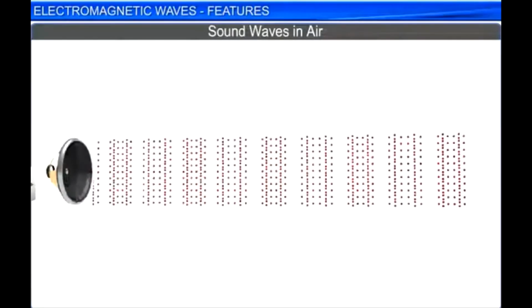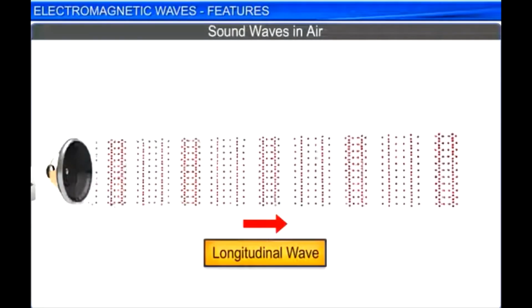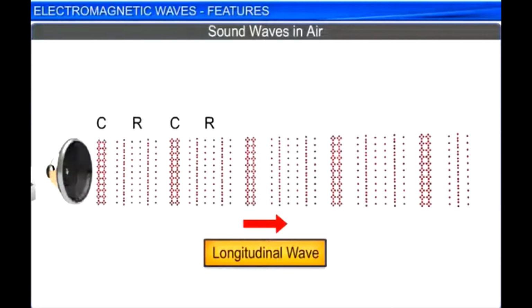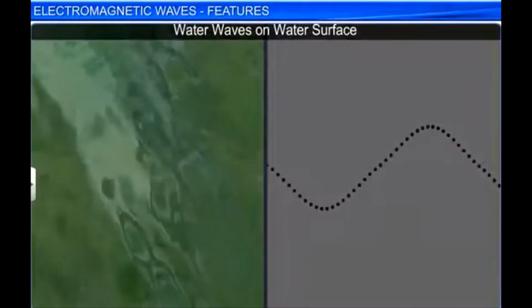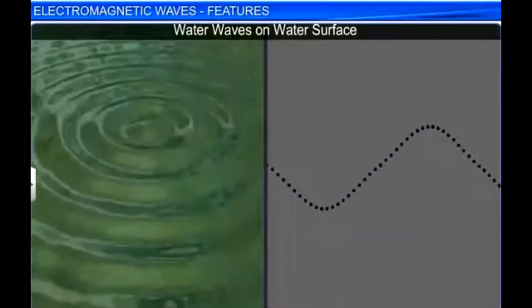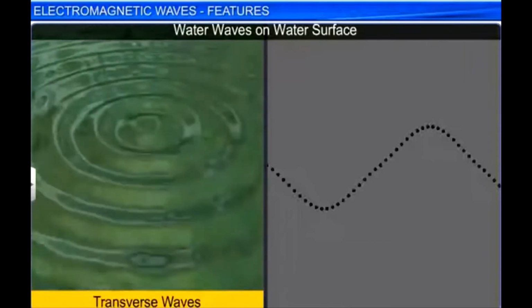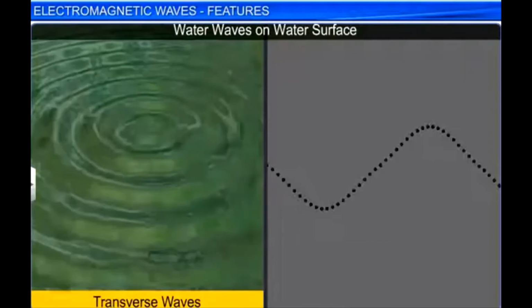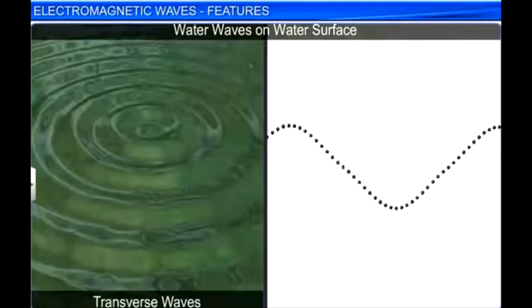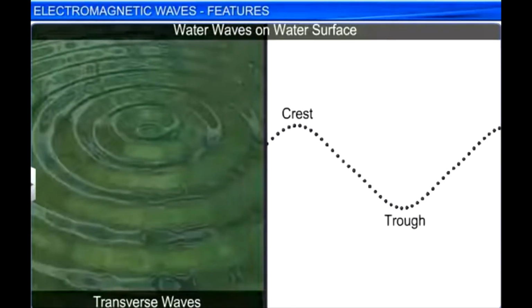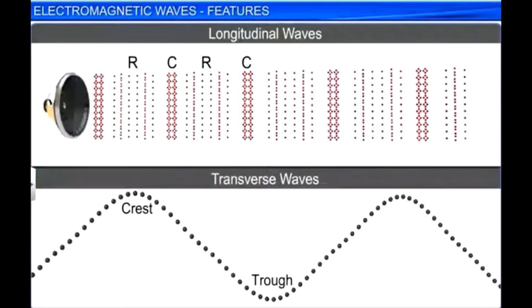Sound waves in air are longitudinal waves that propagate in the form of compressions and rarefactions. Water waves on the surface of water are transverse waves. It propagates in the form of crests and troughs. This shows that waves propagate through a material medium.